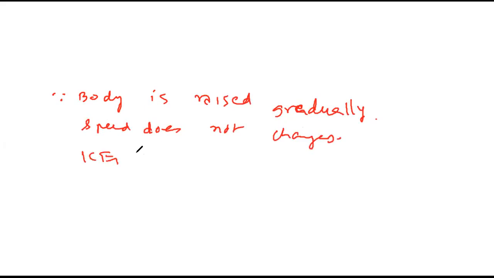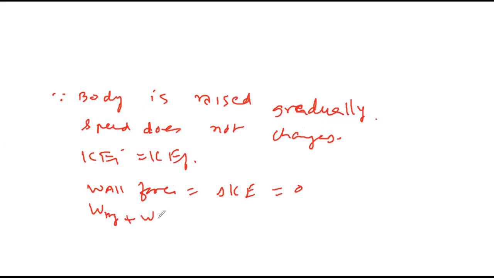So initial kinetic is final kinetic. Work done by all forces is change in kinetic energy, which is zero we are getting. So work done by mg, work done by tension, work done by force is zero. So conceptually, three forces are there. I want work done by all these forces. So work done by all the forces is zero.